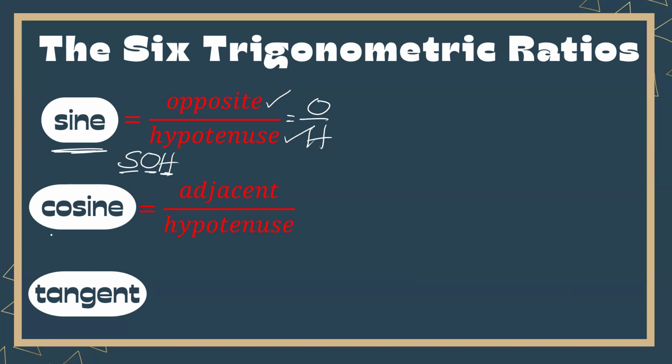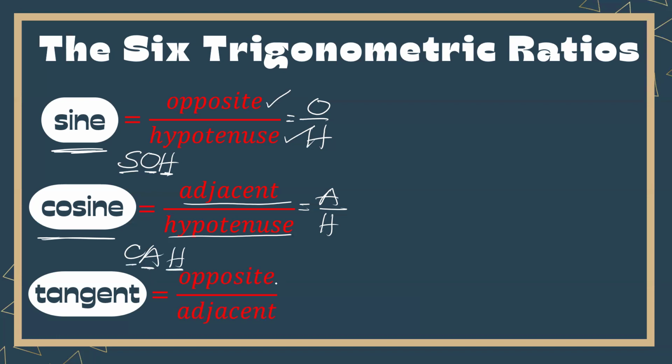On the other hand, cosine is adjacent over hypotenuse, which we represent as A over H, which we usually represent as CAH, right? CAH represents cosine equals adjacent over hypotenuse.